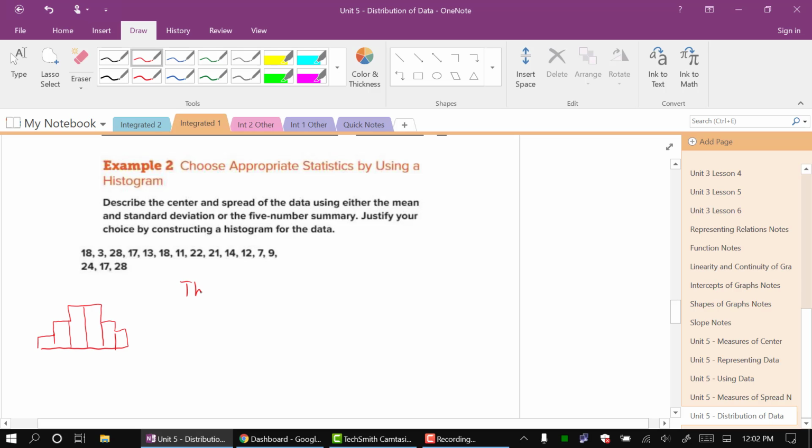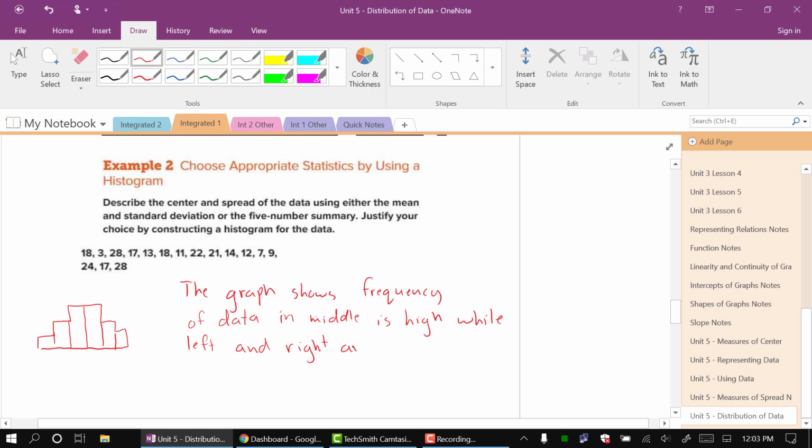So the graph shows frequencies of data in the middle is high, while left and right are low, so symmetric.